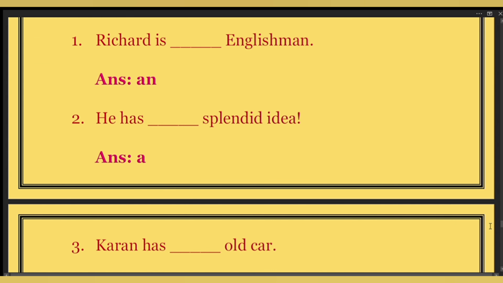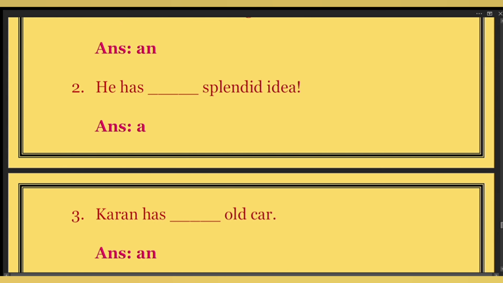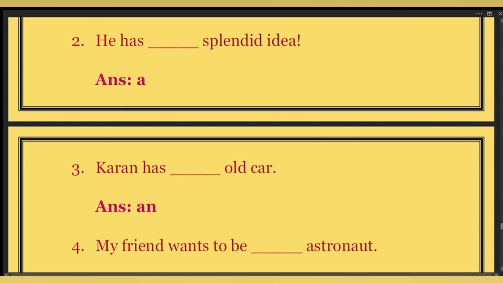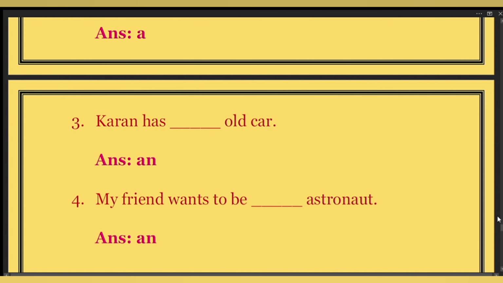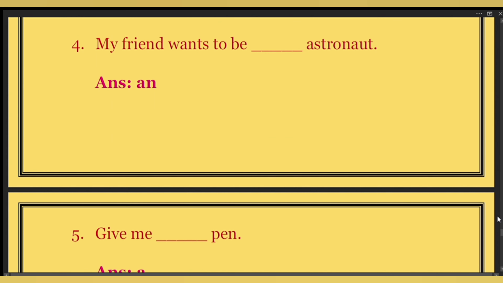Then number 3. Karan has dash old car. The answer is an here. Number 4. My friend wants to be dash astronaut. So the answer here is an. Then number 5. Give me dash pen.